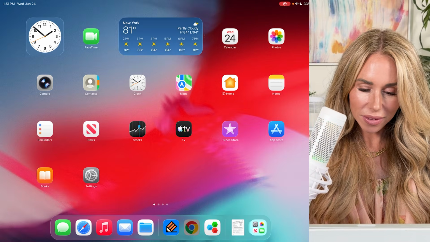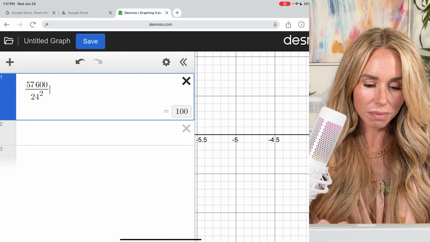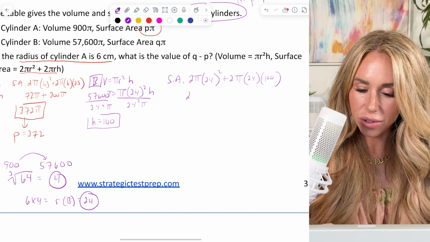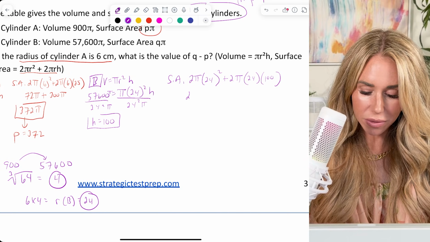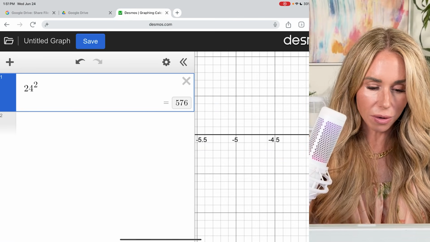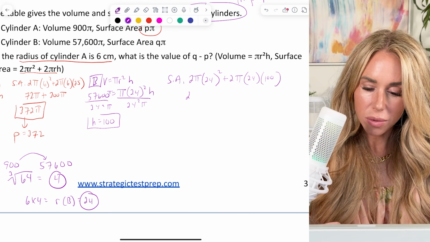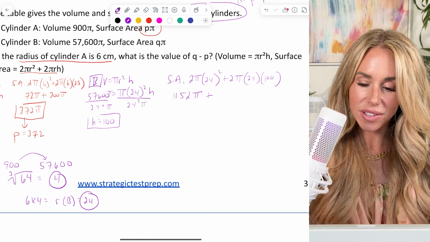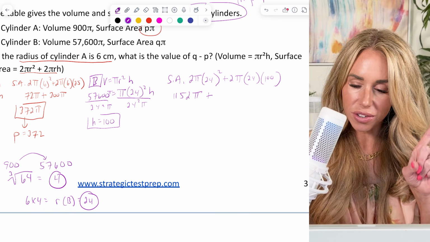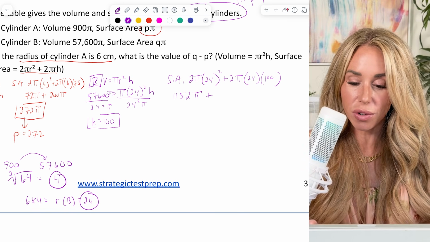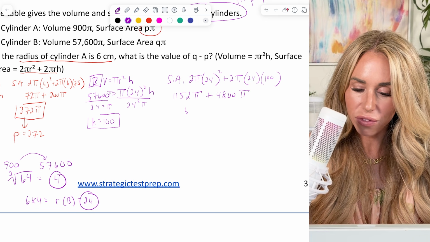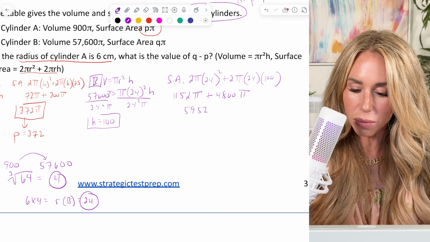Oh my goodness, that's a big number. 576. Well, what's 2 times 576? Let's just bang it all out. 1152. So we have 1152 pi plus 24 times 100 is 2400, times 2 is 4800. So 4800 pi. So we're going to have 5952 pi.